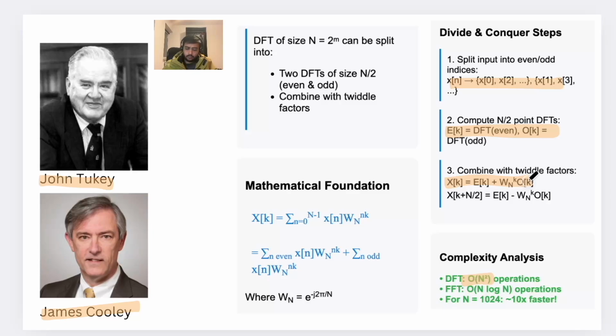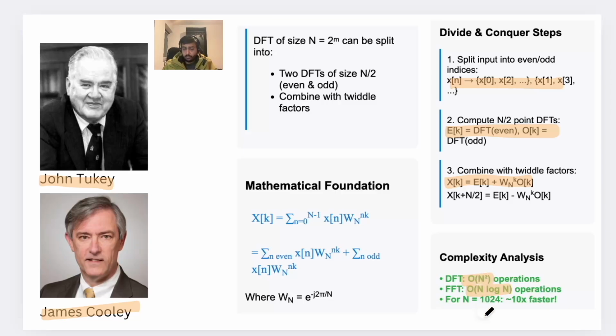And so by splitting the signal into even and odd indexed signals, it could be shown that the order of operations is n log n instead of n squared.